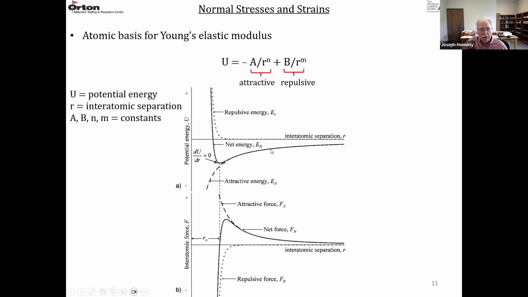That's the potential energy well. So dU dR, the slope here, the first derivative is the slope. It equals 0 at the minimum in this potential energy well. So the deeper the well, the stronger the bond, the higher the potential energy, the higher the elastic modulus.